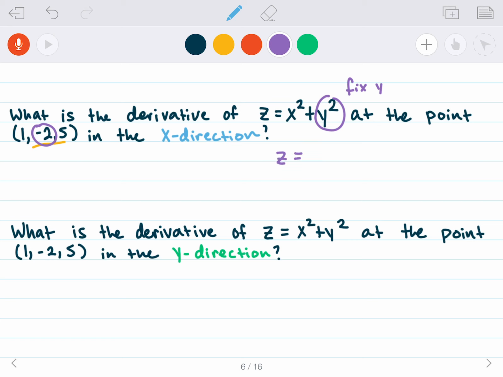I'm saying, okay, -2 is y, and that's it. I'm not going to let y be anything else. So when I do that, I have x squared plus (-2) squared, and this becomes z equals x squared plus 4. So when I say y is only going to be -2, that produces this cross-section, x squared plus 4.